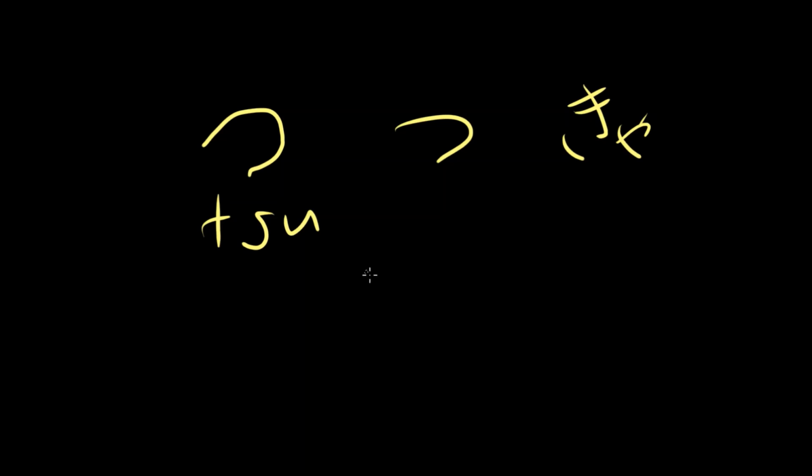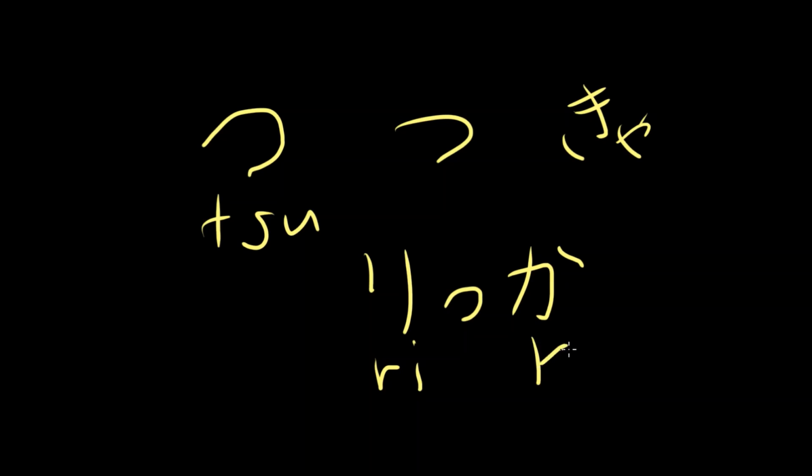I'll try to think of an example. Minna is not one. I'll just make up one. It doesn't matter. Okay, so that's ri, and that's ka. Now, the small tsu in the middle just doubles up the consonant sound that follows it.